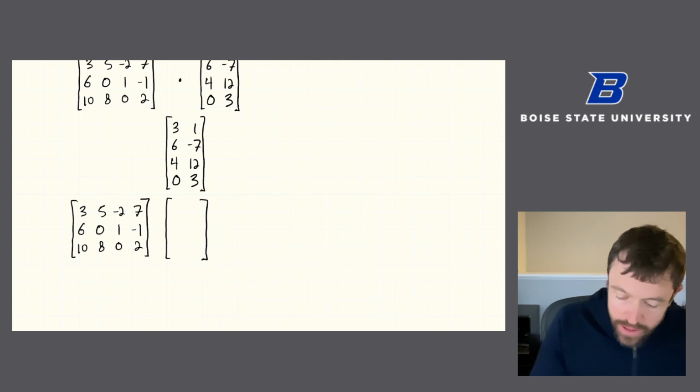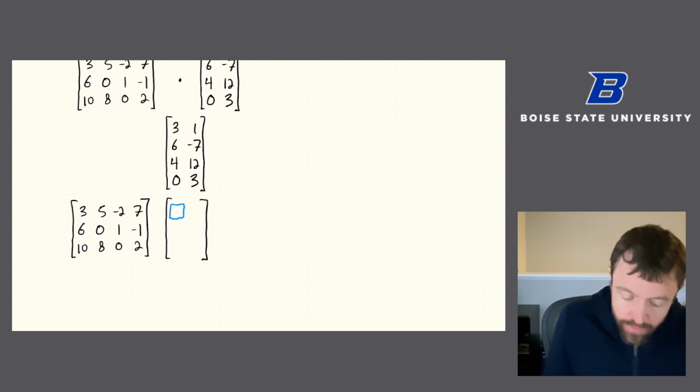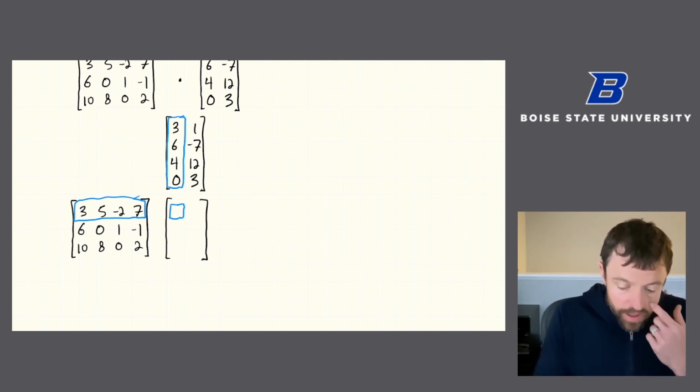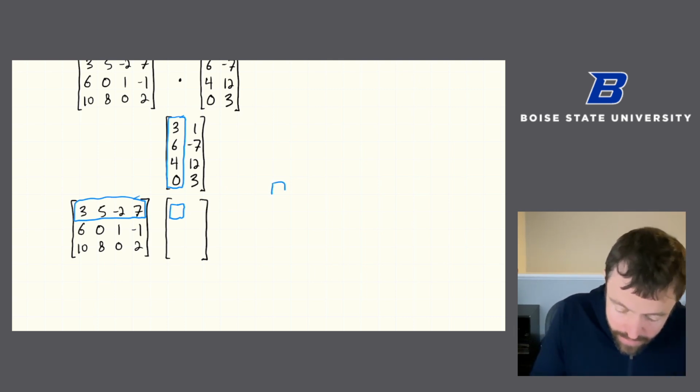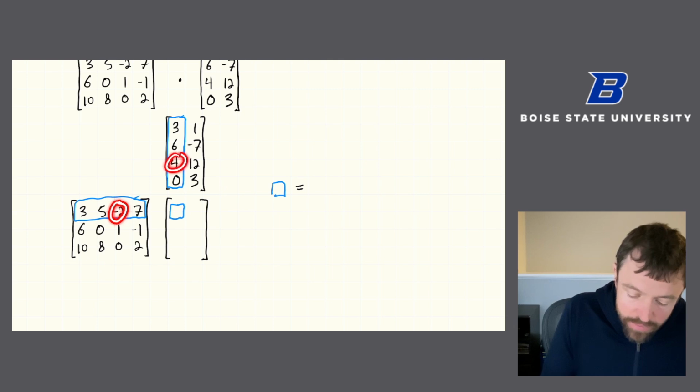So right now I'm going to try to find this first entry right here. In doing so, I'm going to use the column above it and the row next to it, and I'm going to take their dot product. The way I calculate this is I do 3 times 3 plus 5 times 6 plus negative 2 times 4 plus 7 times 0.